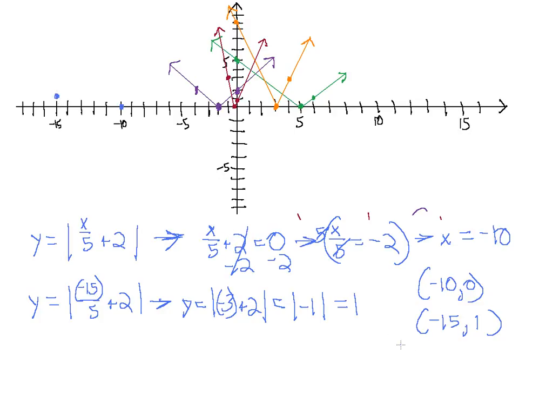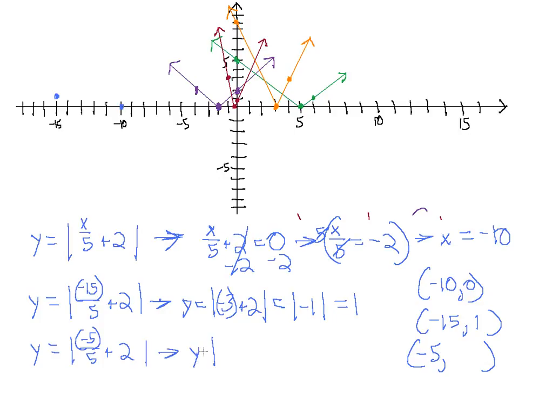And let's go ahead and find one more. Instead of picking 0 out here, let's pick minus 5. That's another factor of 5, and that'll make life easier on us. So let's use minus 5 and plug it in for x. So we have minus 5 for x divided by 5 plus 2.